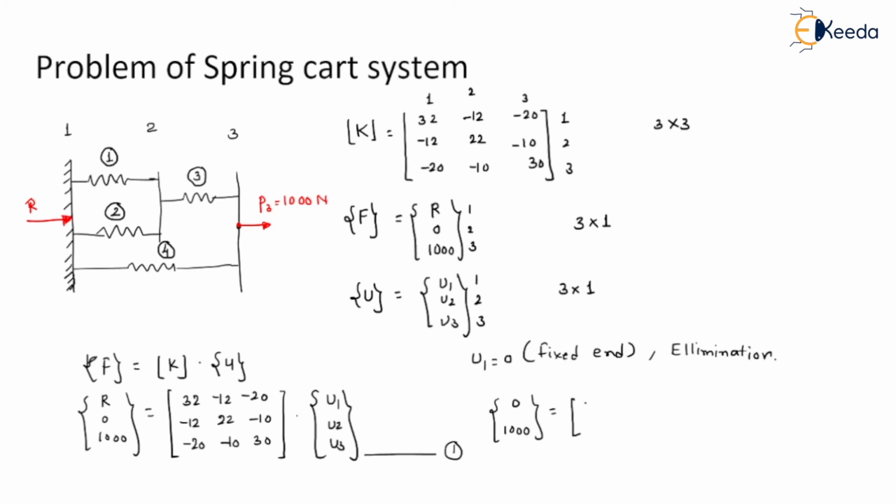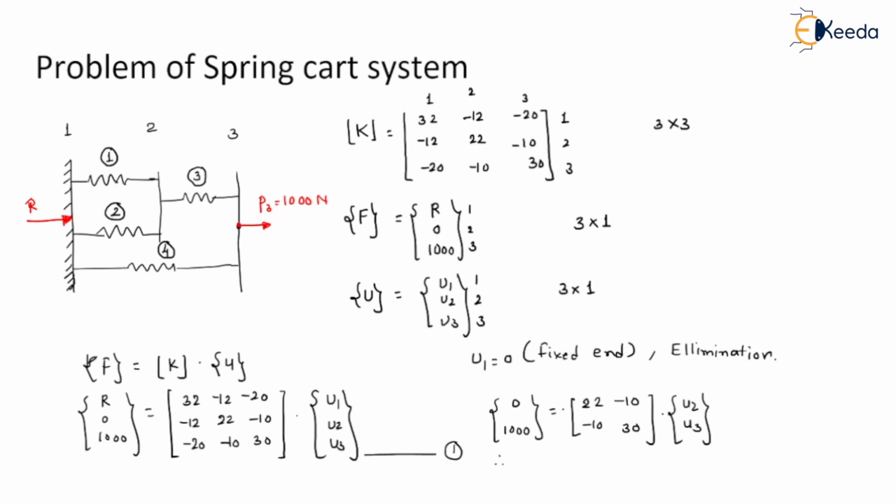So a 2 cross 2 matrix, 22 minus 10, minus 10 30, into u2, u3. So we have narrowed down the 3 cross 3 matrix into a 2 cross 2 matrix.